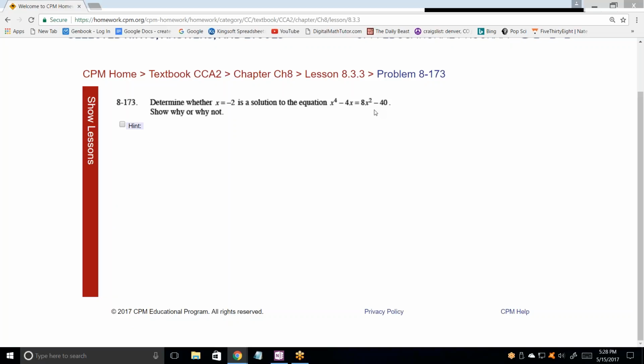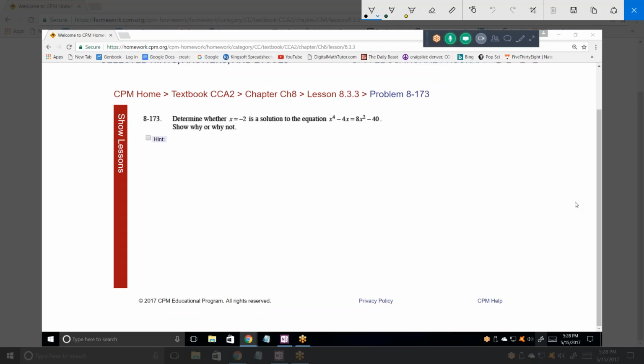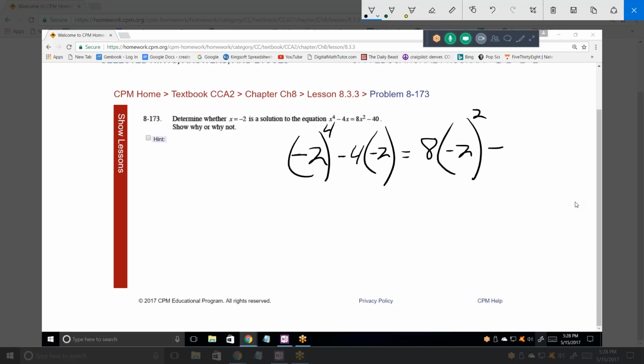How are you going to prove that that's a solution? Put it in. So we've got -2 in parentheses to the 4th, -4 times -2. The first step is always just plug it in, use parentheses properly, and then simplify.